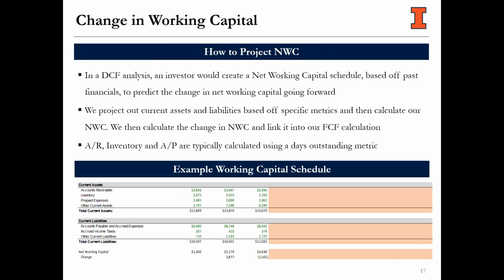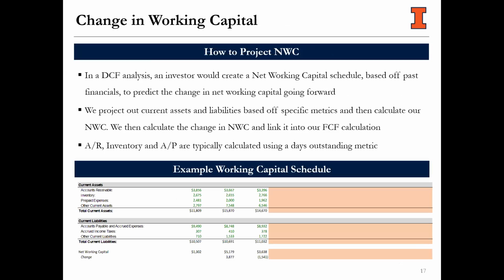And then here is how we were projecting out the net working capital later on in the class. It's important to break down each of the current assets and liabilities into their respective line items and project them out accordingly, because it may not be fair to assume that net working capital is going to grow at a percentage.